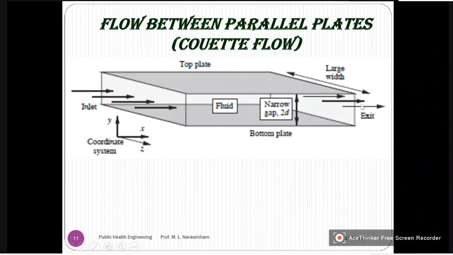And the width is considered large. And this is the top plate and this is the bottom plate. This is x direction, this is y direction, z direction. Now, see this figure I have taken for convenience, and the gap here is shown as 2D. But in our subsequent working out, we may use some other parameter here.